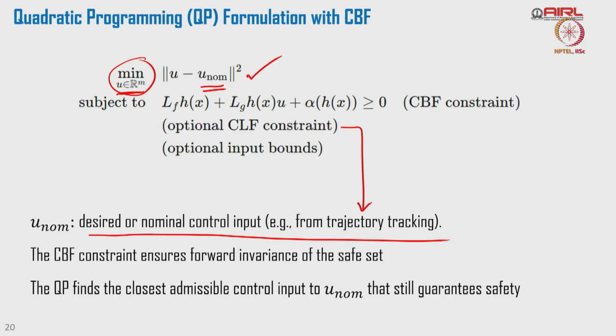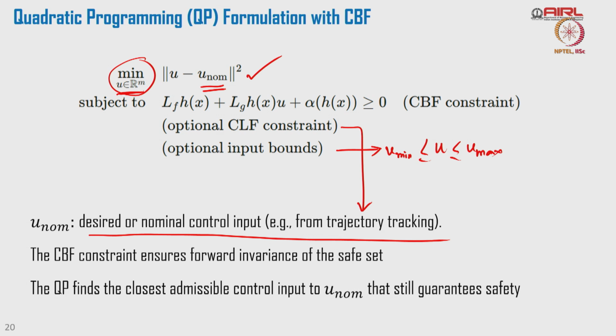That means there can be optional input bounds. That means what? The control input U might be inside a bound, say U max and U min. What can be the control input for a drone? It can be, say, its angular acceleration or something like this. So, we should have a bound on this.